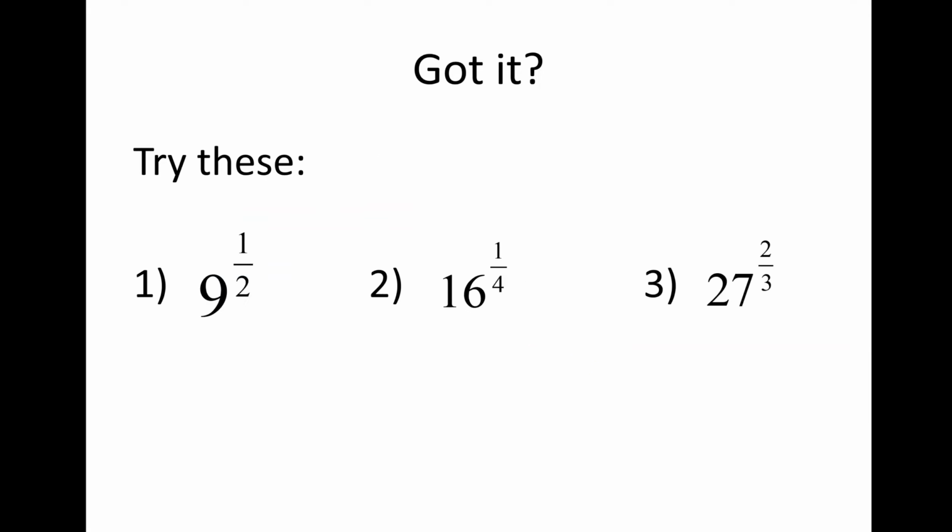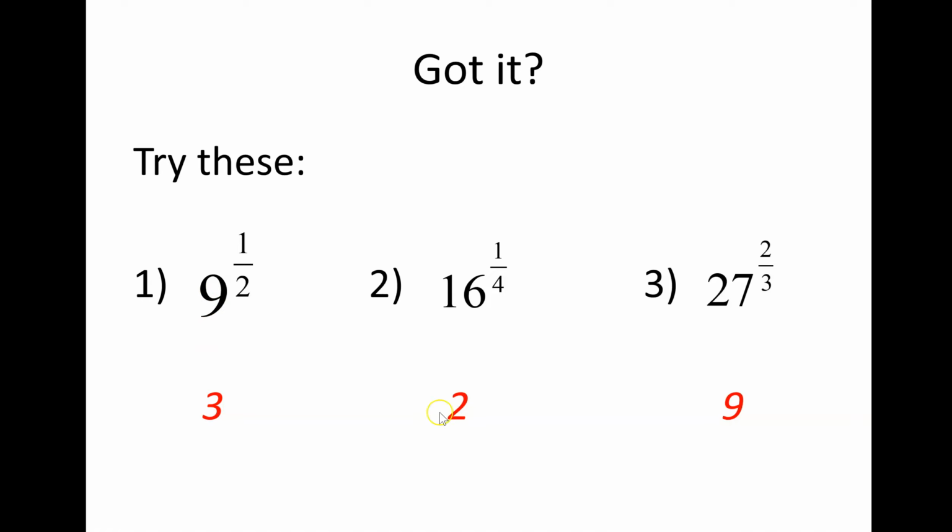So let's see if you got it. Try these. So the first one is 3, because I'm looking for one of the 2 factors that multiply to equal 9. 3 times 3 is 9, so one of those factors is just 3.